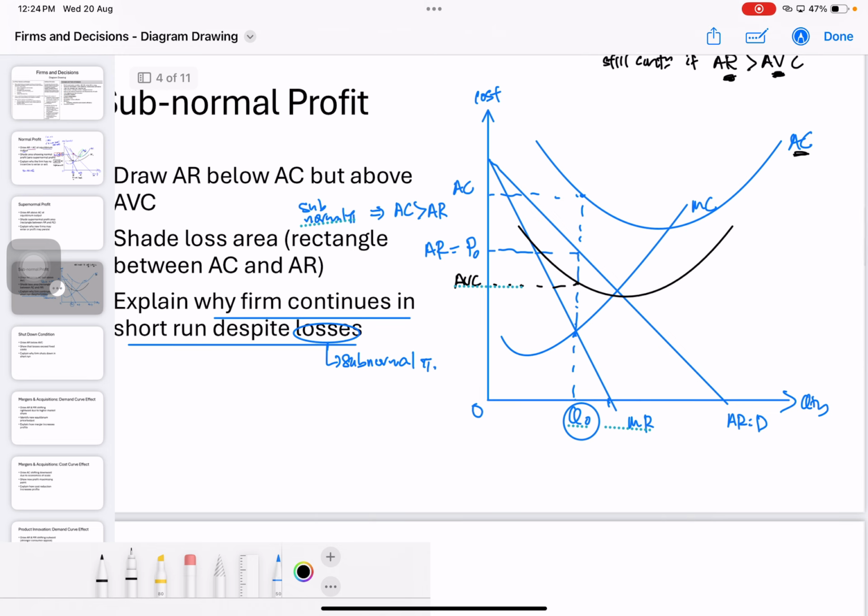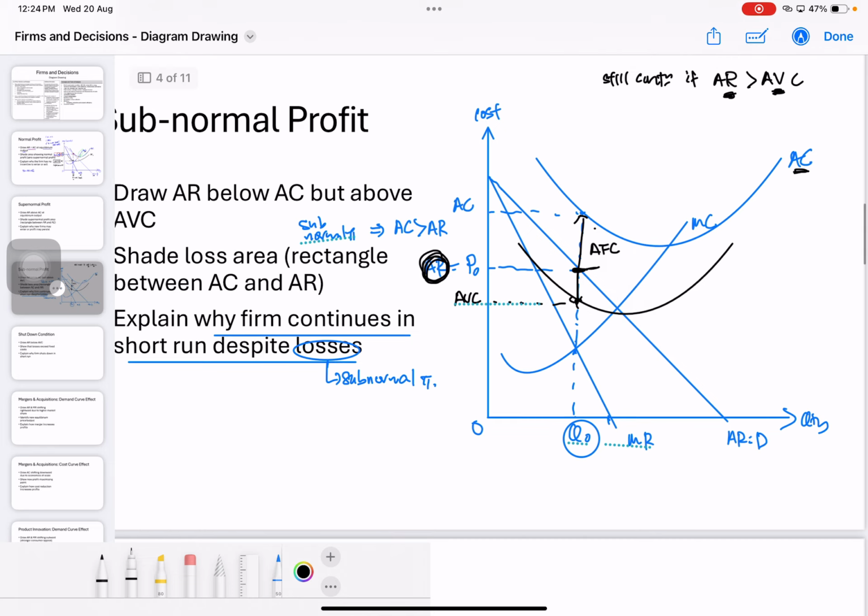Okay, so if they continue production, the AR can cover part of the AFC. Okay, because AR can cover part of the fixed cost.